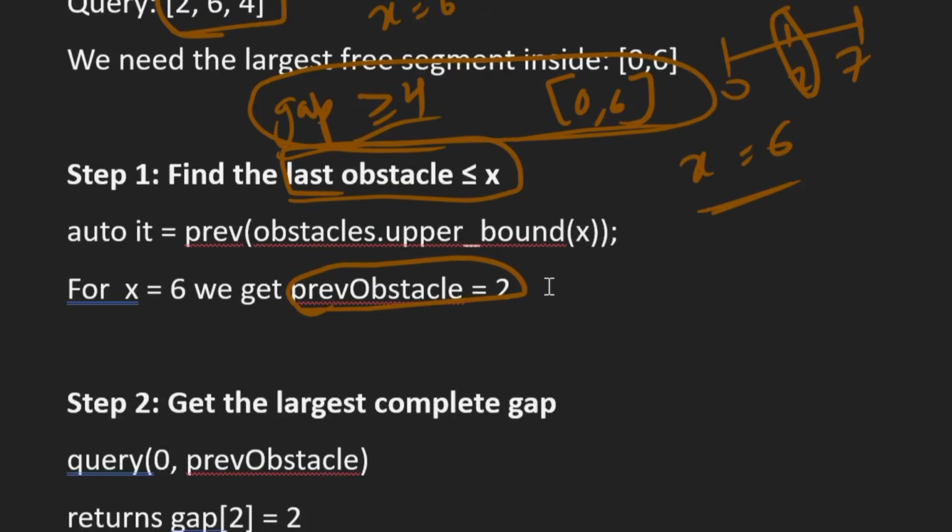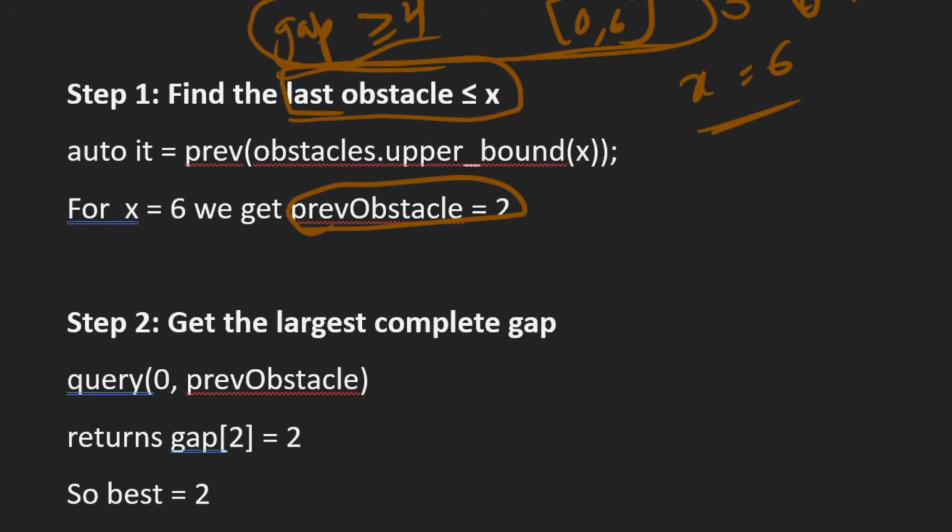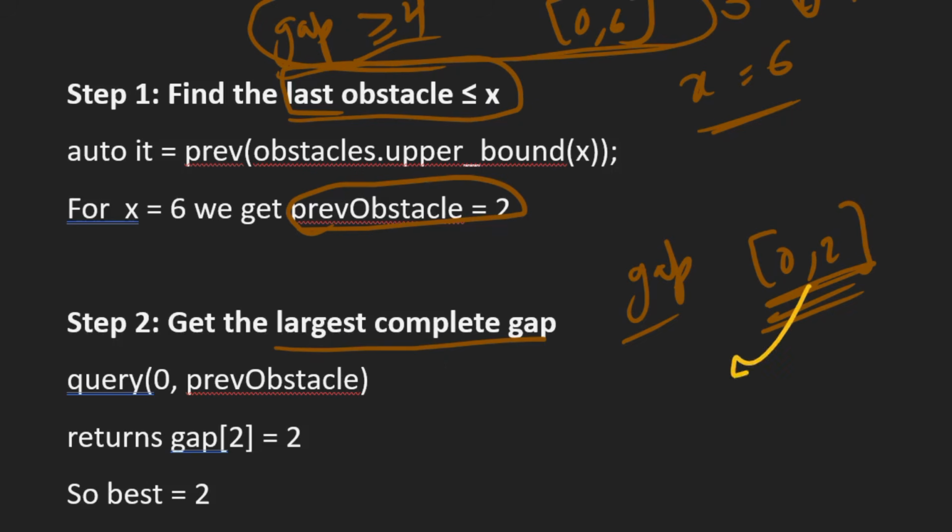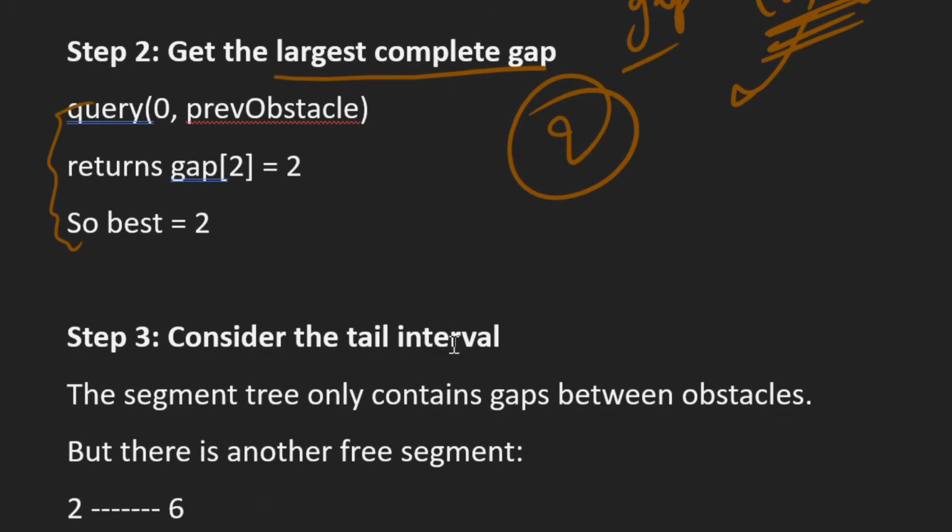The next thing, in step 2, is to find the largest gap from the range 0 to the last obstacle. Here in 0 to 2 the maximum gap that we have is 2. So this query will give us the answer as 2, right?